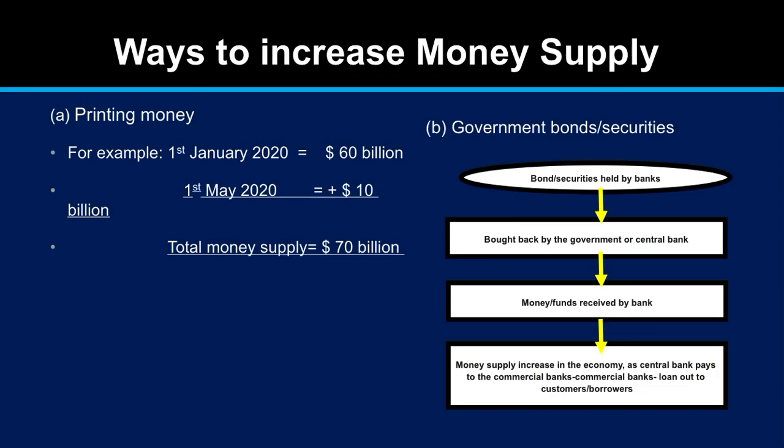Therefore, this will lead to an increase in the money supply in the economy, where commercial banks will have more money to loan out. As they loan out more money, private sector investment will increase, consumers' consumption may increase, and therefore this may increase the aggregate demand and the level of economic activity in a country.